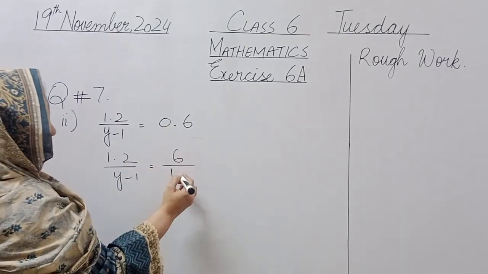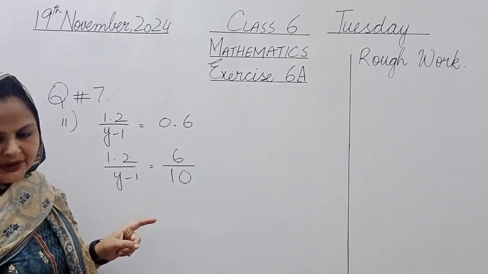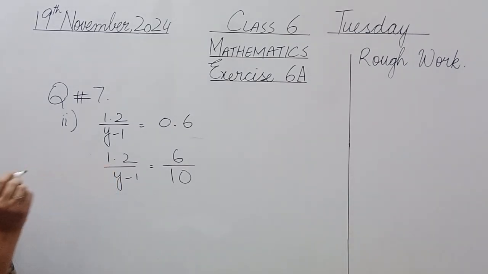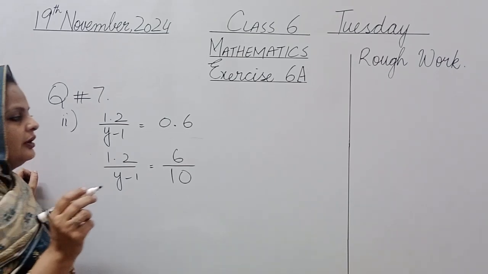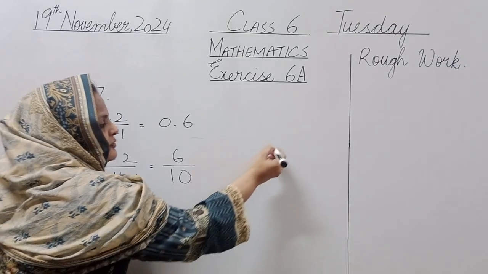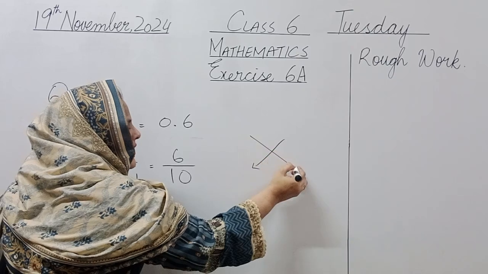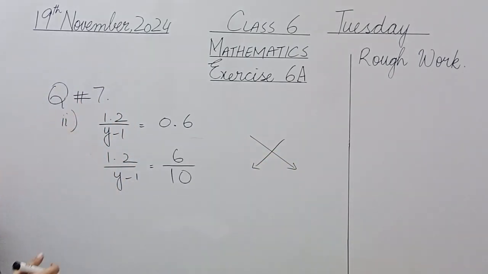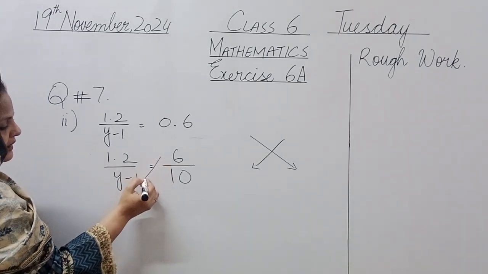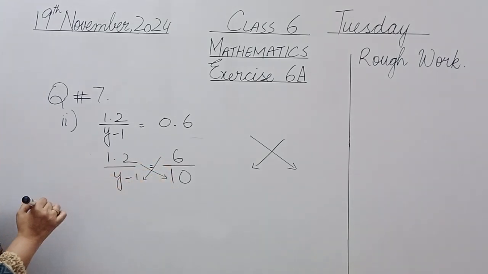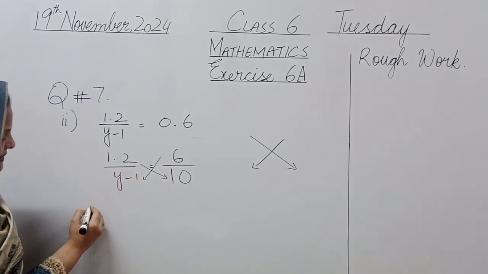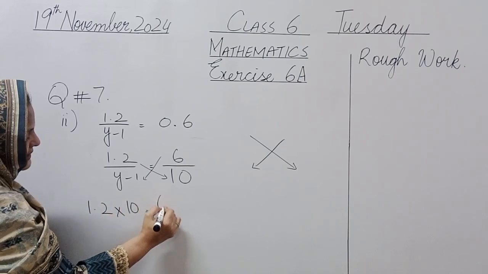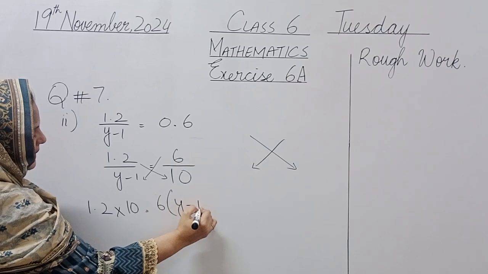It will be, yes, of course, 10 only, right? Now see, we will be doing cross multiplication as I have already told you. Cross multiplication means to multiply this number with this and this. So, what will be the result if we multiply numbers like that? Yes, it means that we will multiply 1.2 with 10 and 6 with y minus 1.